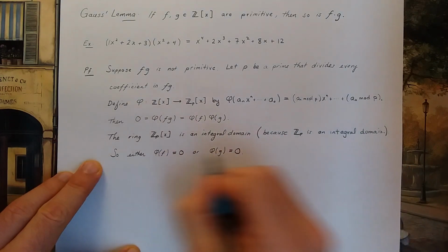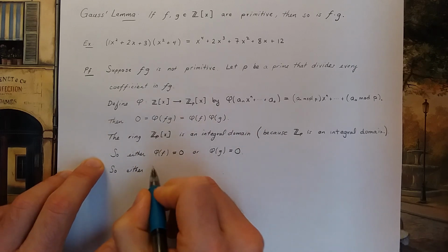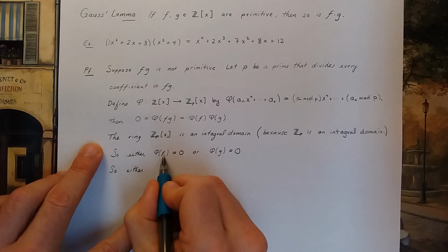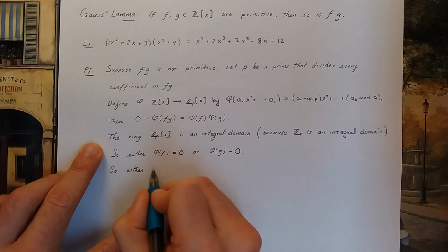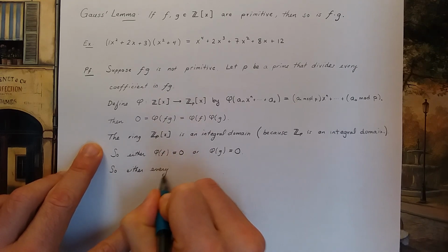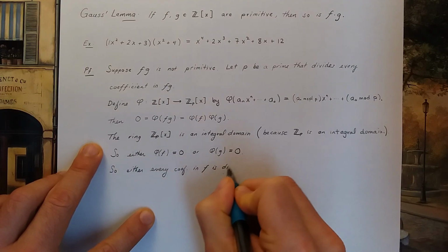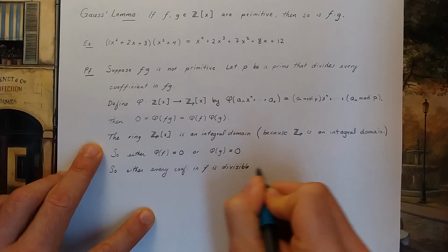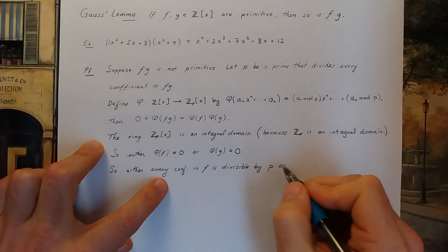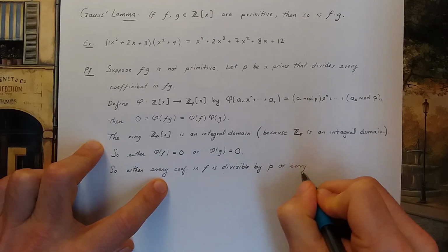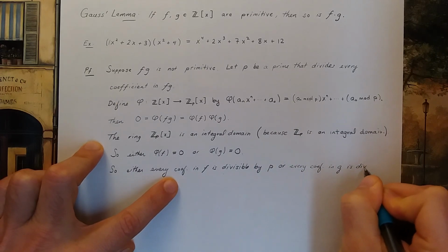This means either every coefficient in the polynomial f is divisible by p, or the same property is true for g. So every coefficient in g is divisible by p.